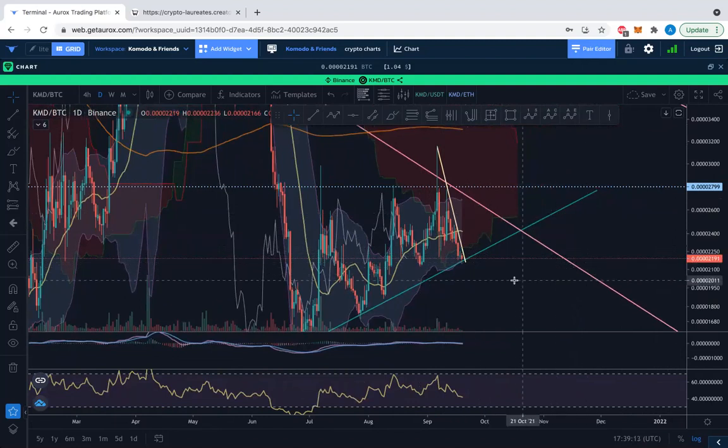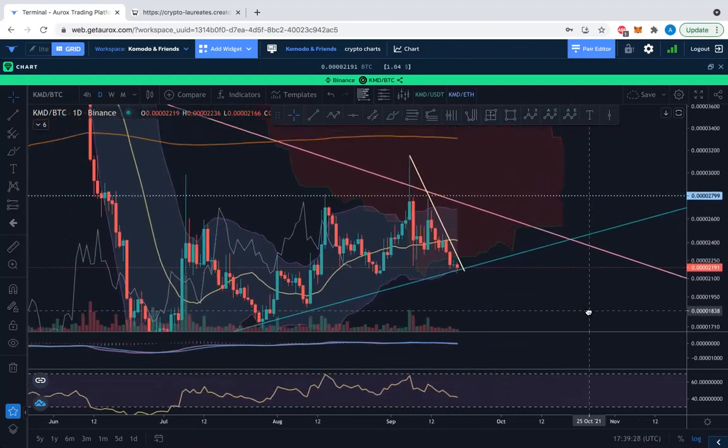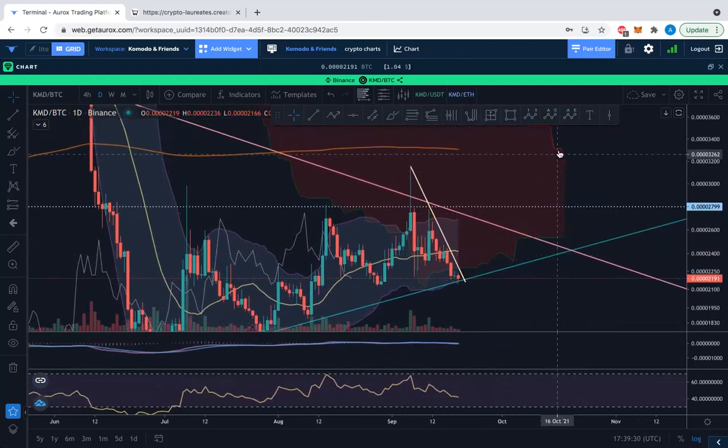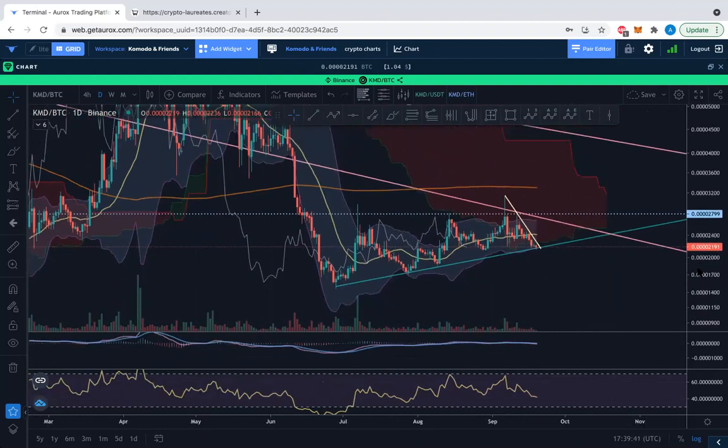Just here on the screen, we've got the Ichimoku cloud. It is a resistance area, but because we've just come from it, it's not impossible to get back into it. And because we've got this weakening from up top here, if we can get back into it and stay within it, there could be some increasing price and bullishness there.